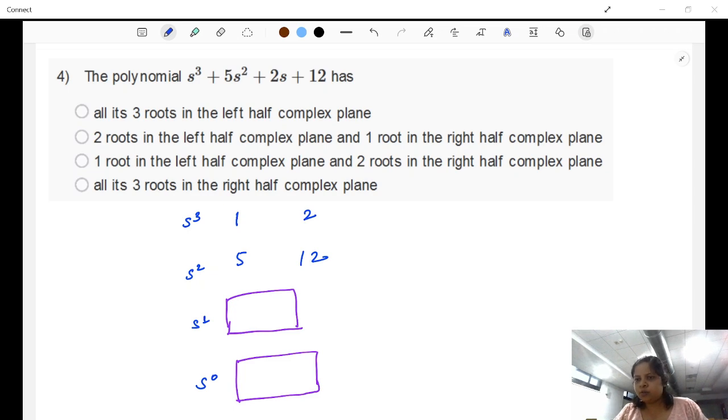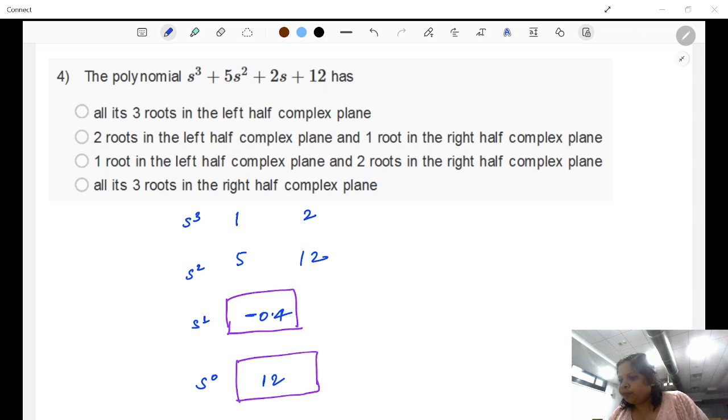Yes, it would be minus 2 by 5. So the answers that we would get here are basically minus 0.4 and 12.